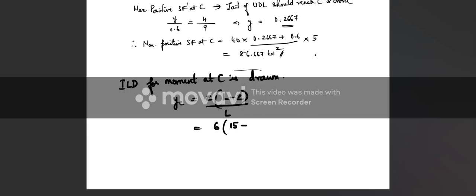So 6 into 15 minus 6 divided by 15, and the answer we will get is 3.6. So the maximum ordinate under moment is 3.6.